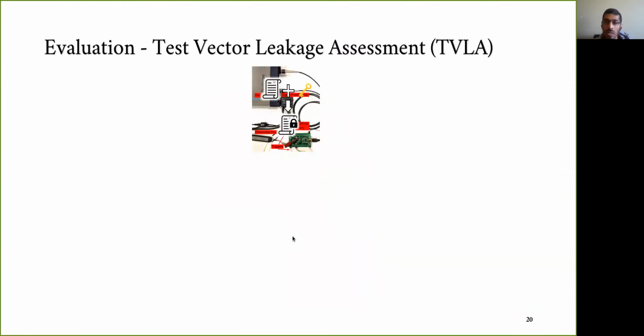So this is how we are going to see if there is a leakage in our algorithm. It's not actually measuring. This is a statistical measure. The statistical measure depends on two sets of distributions.